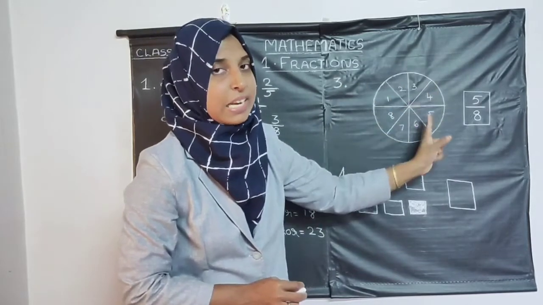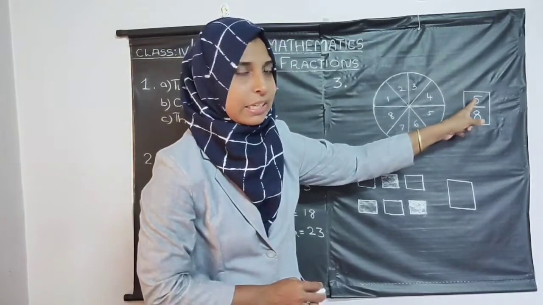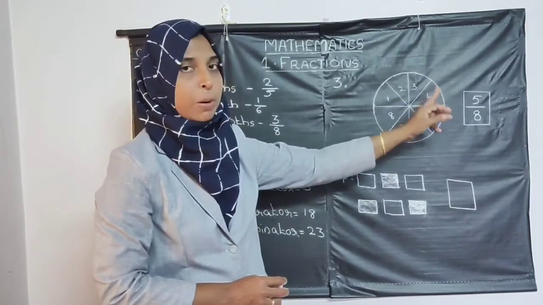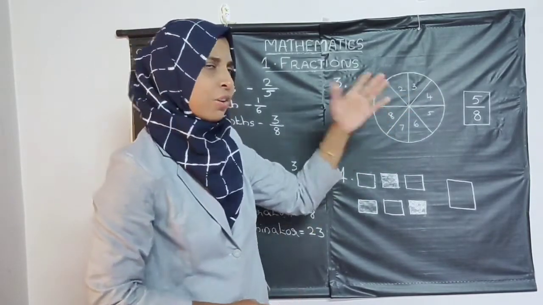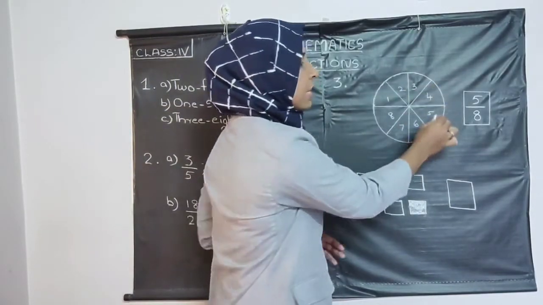And from these 8 equal parts, how many parts do we want to shade? The numerator, it is 5. So we want to shade 5 equal parts. You can shade any 5 equal parts. Here I am shading the first 5.